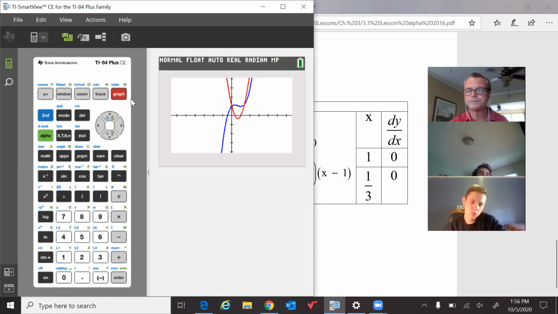And what do you notice? Ready? The graph is only under the x-axis in this little amount, somewhere between 0 and 1. And what's happening to the blue graph there? It's falling. And all the rest of the time, the red graph's above the axis, and the blue graph is going up.